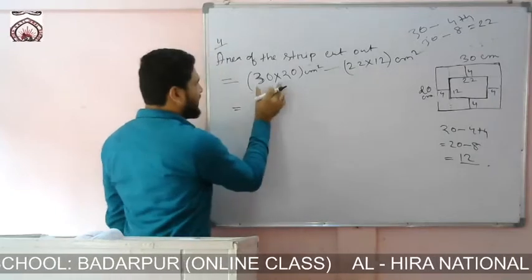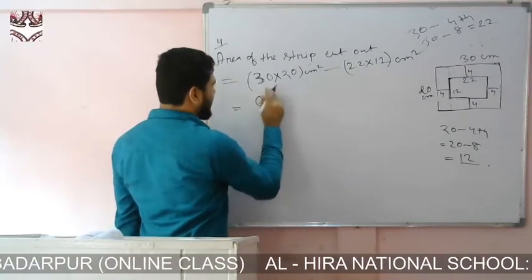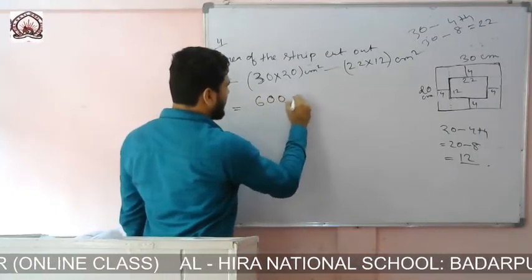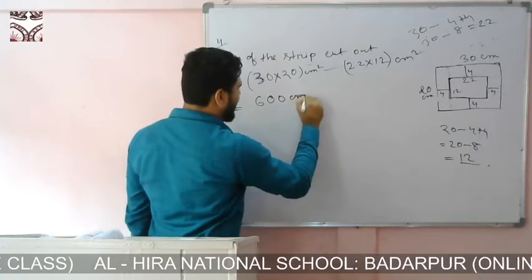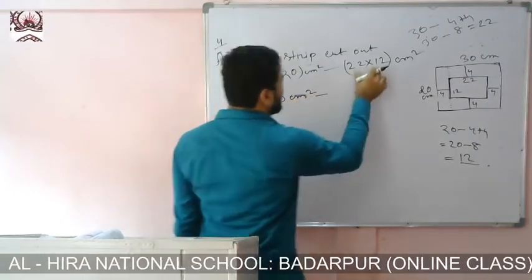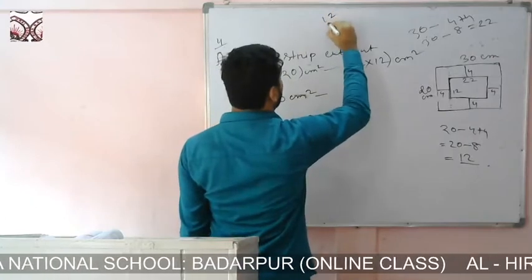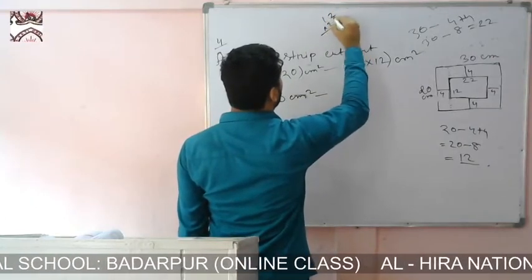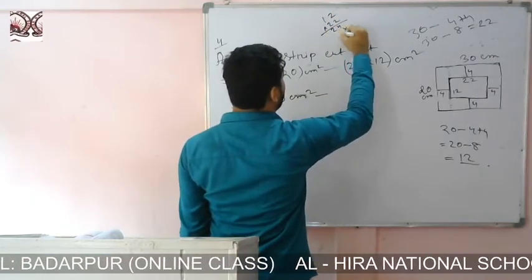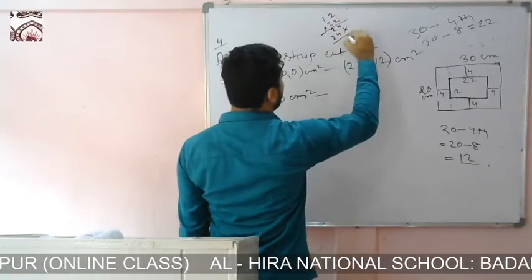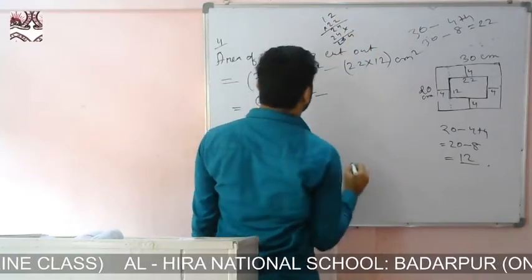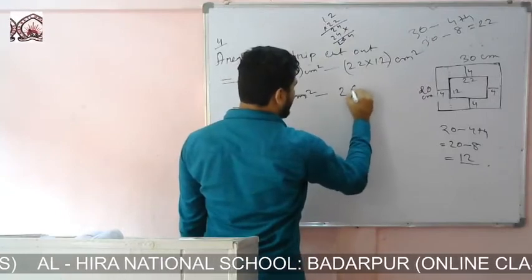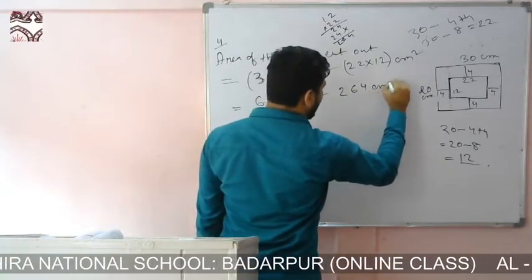If I multiply 30 into 20, that is 600 centimeter square, minus 22 into 12: 12 twos are 24, then 12 twos are 24, so 264 centimeter square.